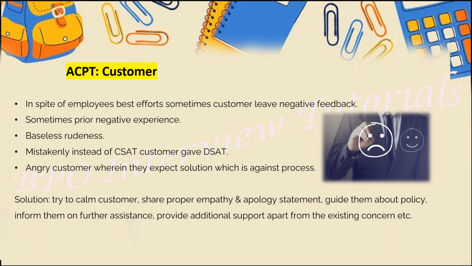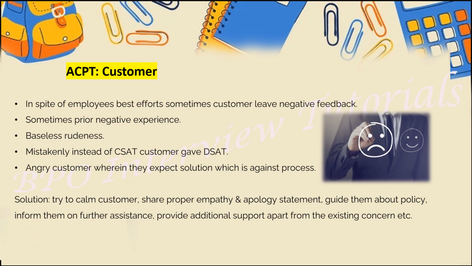Sometimes post giving all the answers, post giving refund or whatever it is, they might feel like, no, I want to give DSAT here because they was not completely satisfied. So in such kind of issues we should always share feedback to the employees that they should understand the intention of the customer. Okay, there might be many scenarios wherein with our words we can make calm to the customer, right? We can do that.